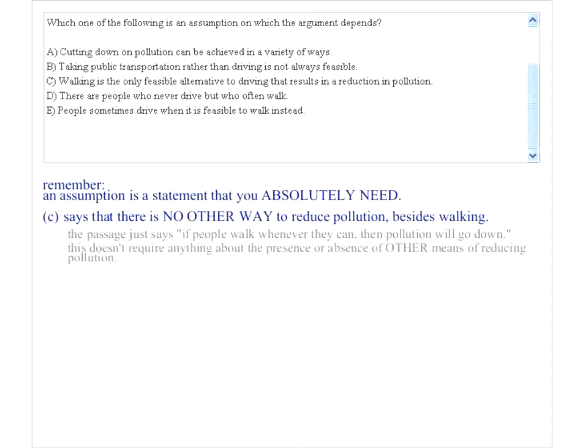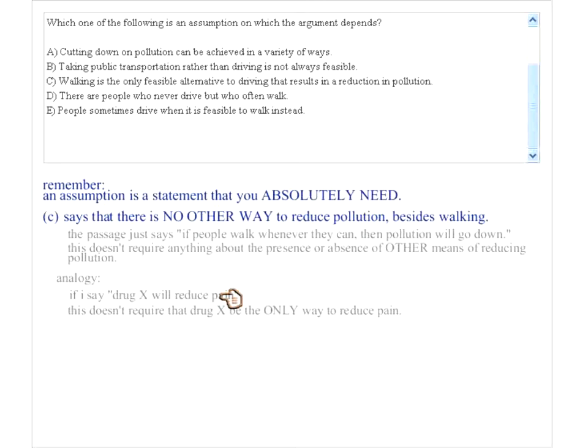As an analogy, if I say drug X will reduce pain, this certainly doesn't require that drug X be the only way to reduce pain. Okay, I mean, if I just say the drug will make your pain go down, there could certainly be other ways of making your pain go down, but that's irrelevant to this argument.